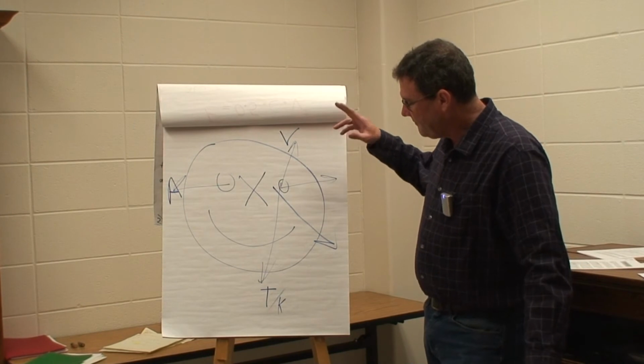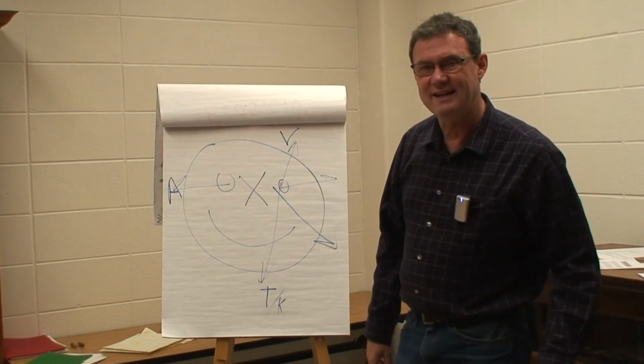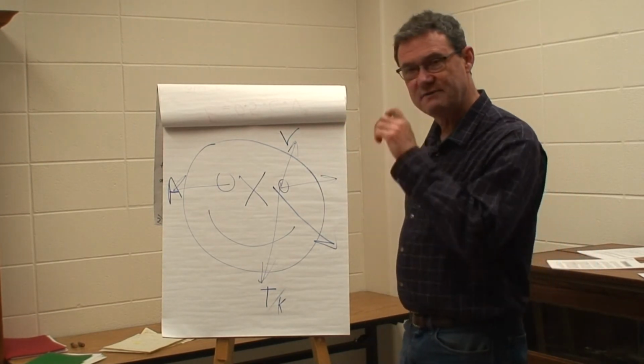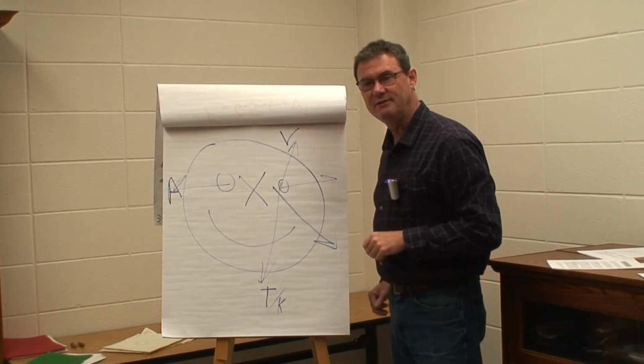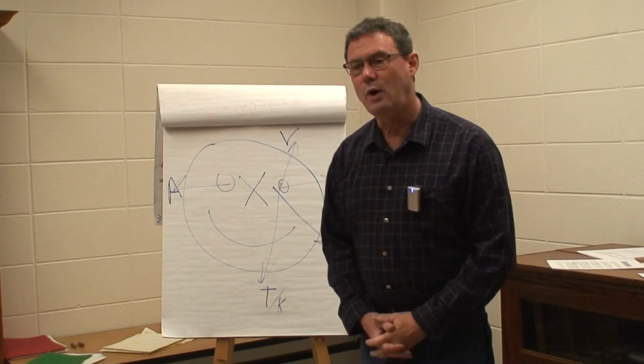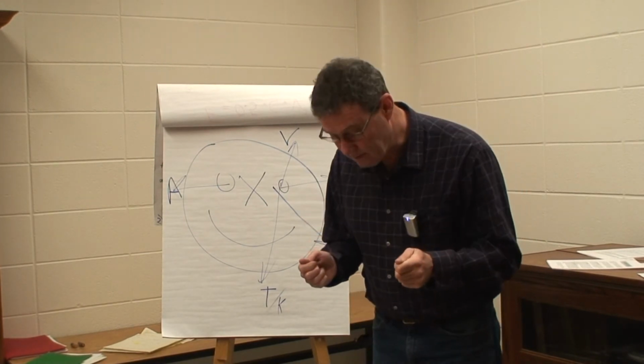So, let's say that you're studying for a test. Give you a little hint here. If you're visually oriented, what you need to do is sit down quietly and look over your notes.